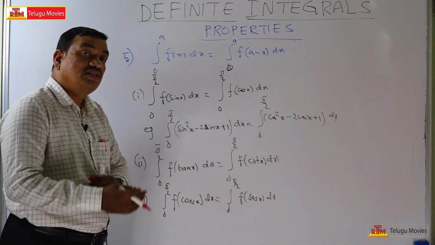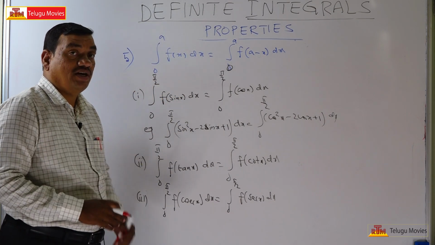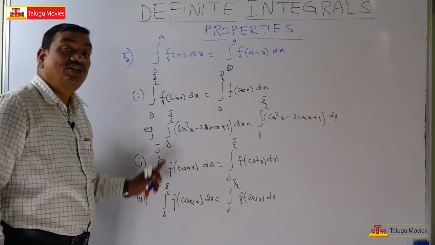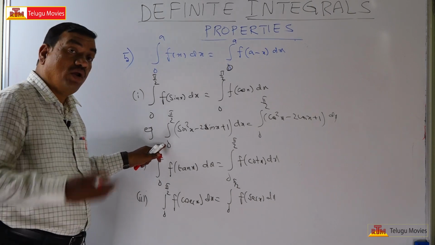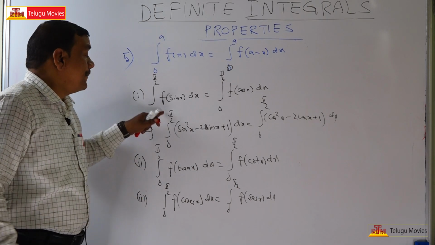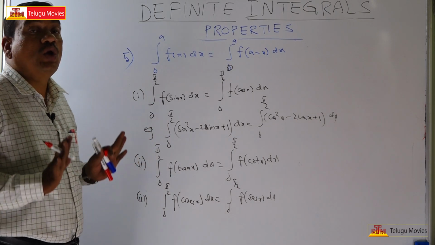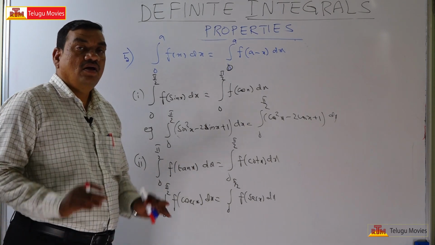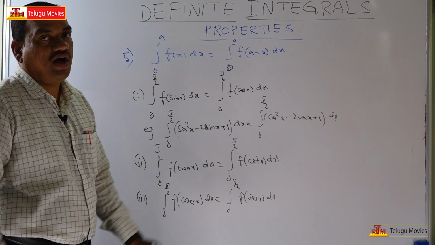Cosecant x will become secant x and secant x will become cosecant x. But here the condition should be: lower limit should be 0, upper limit should be pi by 2. Then only these results will be valid. Otherwise, they won't be valid. Okay?